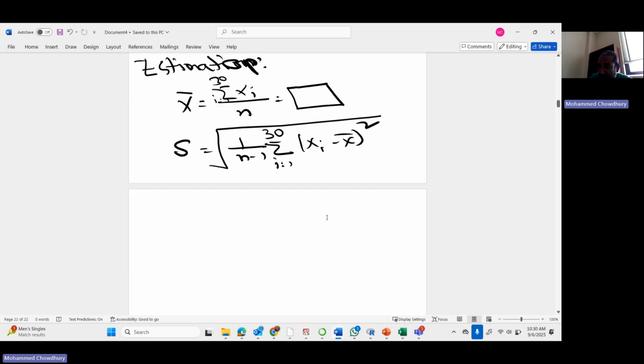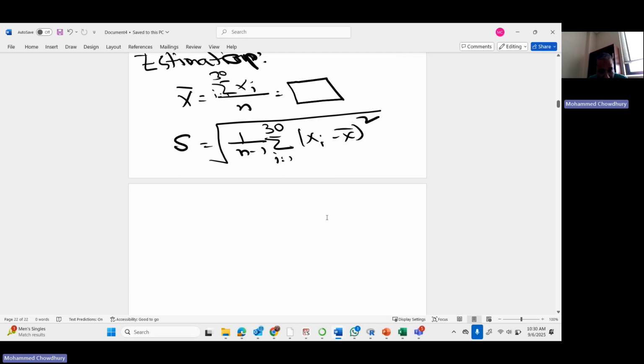Now, if I compute the proportion, I take a sample of 30 managers. Among those 30 managers, if I find that 20 of them completed the training, then this is called the proportion of managers who completed the training.